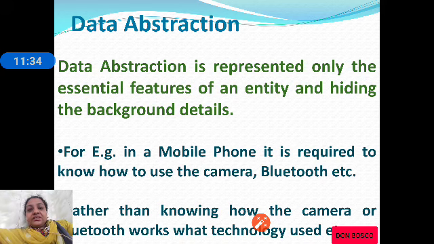We are not interested in those background details. We are interested only in knowing how the camera can be used. Data abstraction is representing the essential features of an entity and hiding the background details.